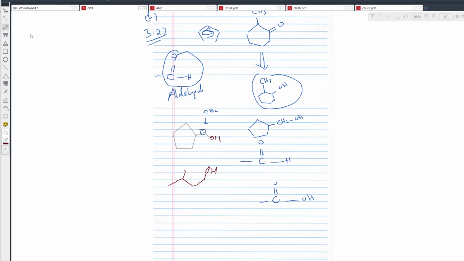You have this compound in part C: CH3, CH, CH3, and this is C double bond O, OH. I'm going to get rid of this and add two hydrogens here.